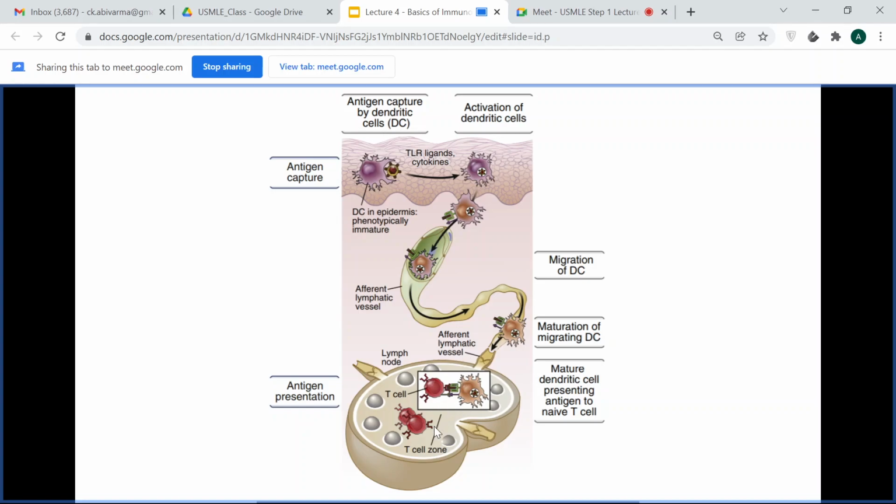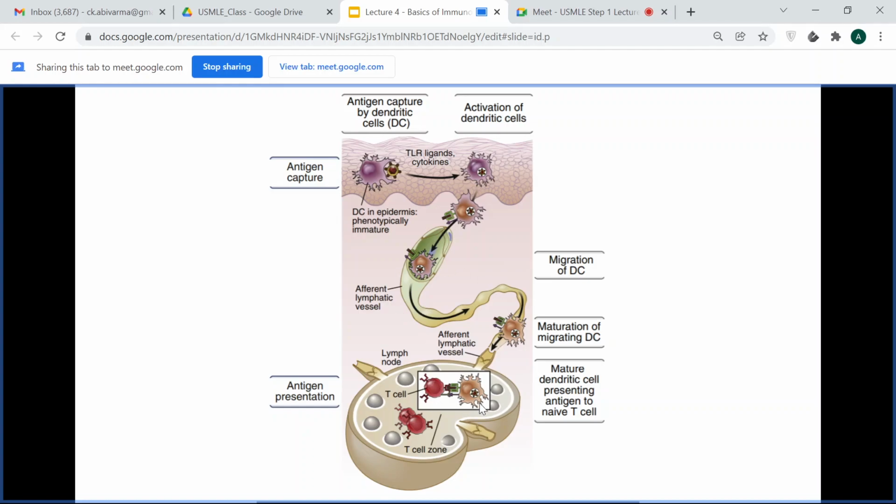You can think of it like a handshake, and this will activate the T cells and cause them to differentiate into different types: T helper cells or T regulators. It depends on the cytokines produced between these interactions, and then it will lead to an outcome, which we'll look at. So this is the general diagram of what we're going to look at in this class.